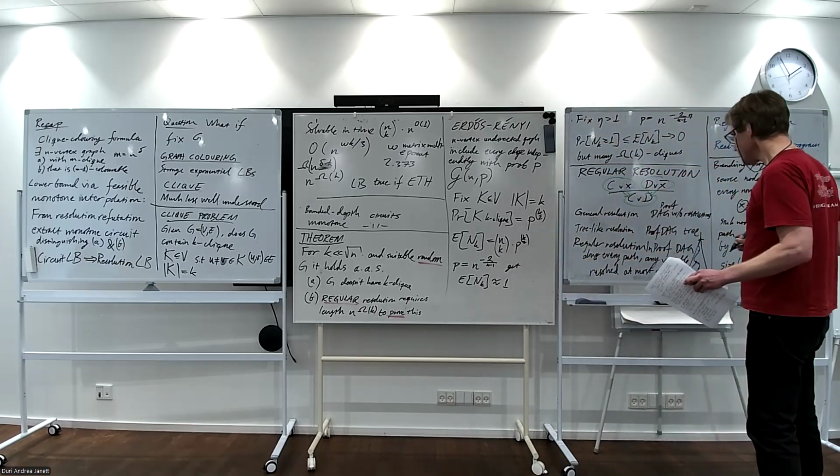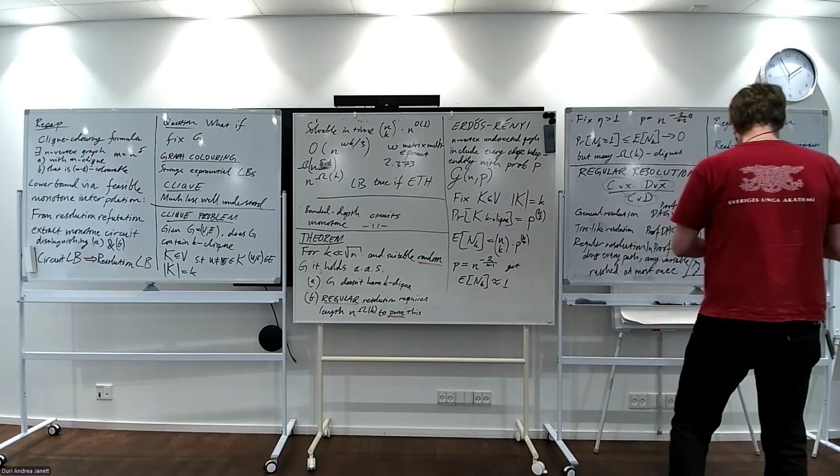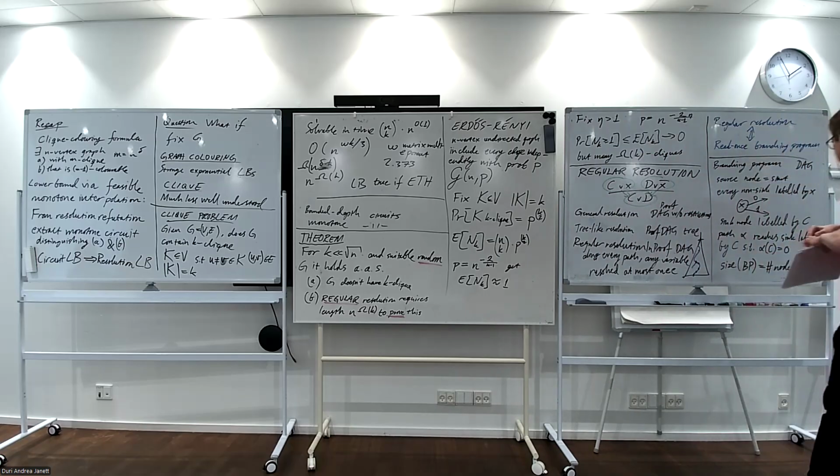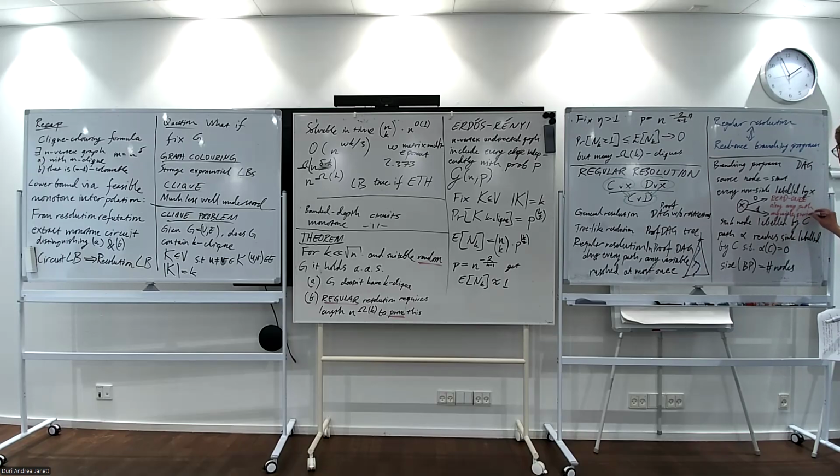So the only thing I didn't tell you about is what read-once is. Let me write it here. So read-once is the property that along any path, any variable is queried at most once.